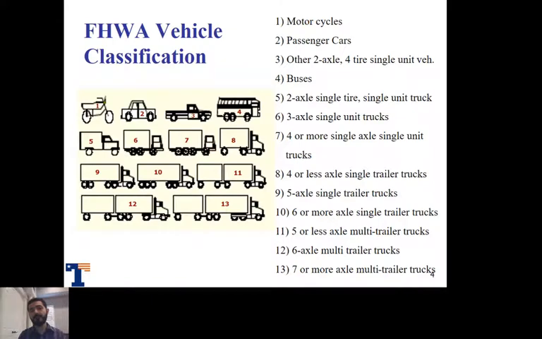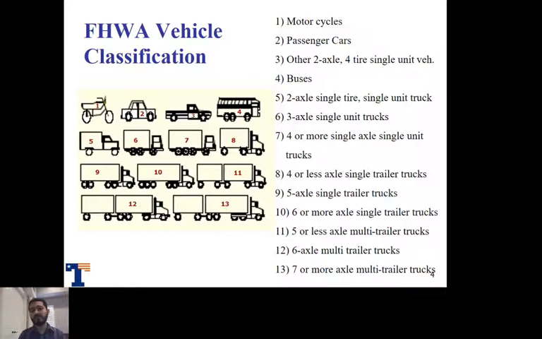The Federal Highway Administration vehicle classification has different categories or classifications for vehicles. This still needs to be updated, but the ones that we have now under FHWA and under the Mechanistic-Empirical Pavement Design Guide software start from motorcycles, passenger cars, other two axle, four tire single unit vehicles.